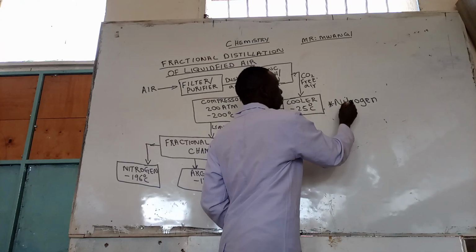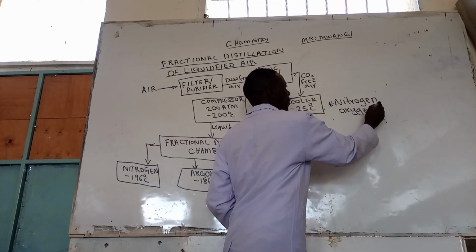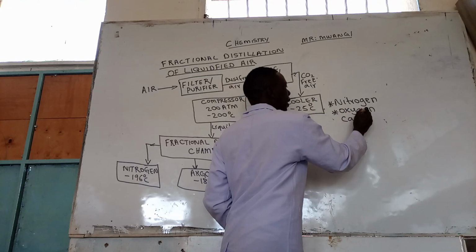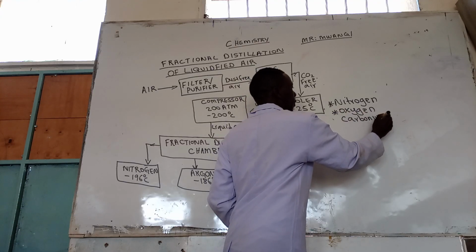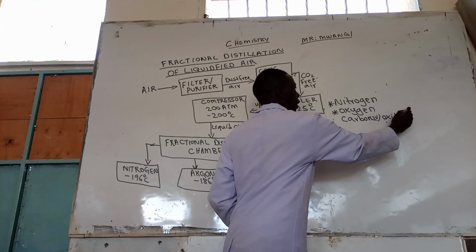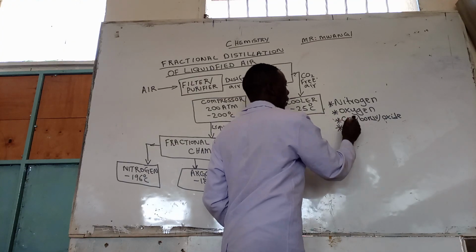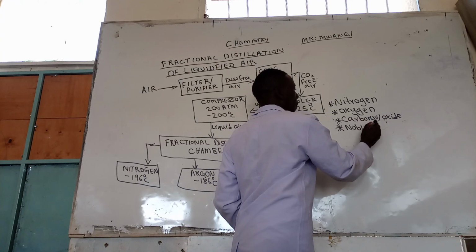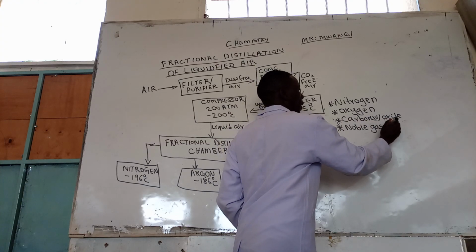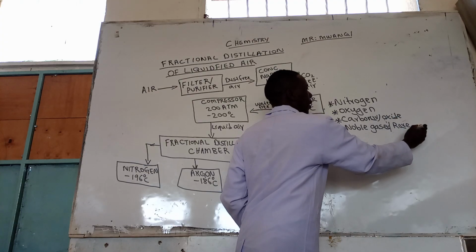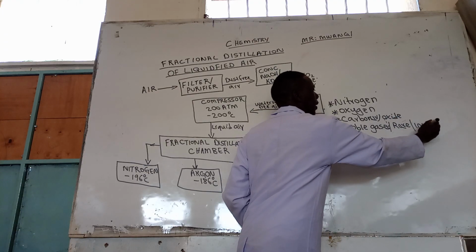We also have oxygen, carbon dioxide, noble gases, which are also known as rare gases or even inert gases.